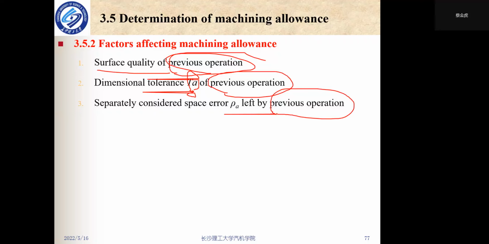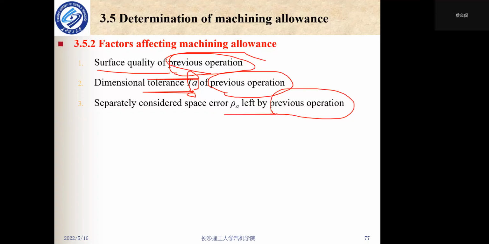And the third factor is separately considered space error, rho A, left by the previous operation. Space error rho A means some form and positional errors which are not included in the limit deviation of dimension, such as straightness, concentricity, and parallelism, and so on.